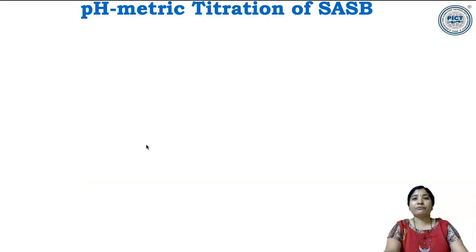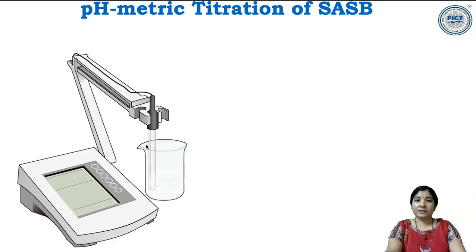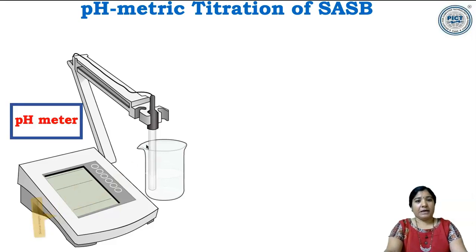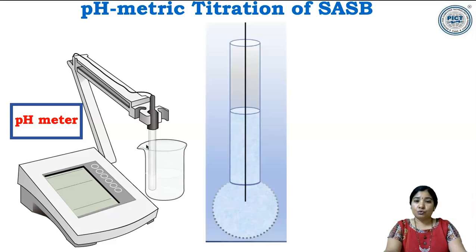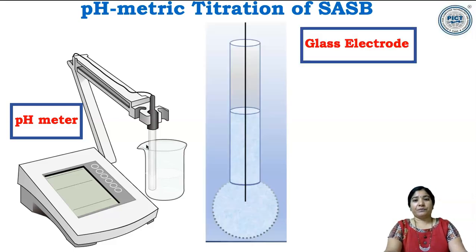Obviously, the very first thing that will be required is the pH meter. And in the previous video we have seen the working of this pH meter. This pH meter has electrodes, specifically the indicator electrode used is a glass electrode, which is capable of measuring the H-ion concentration of the solution wherever it is dipped.